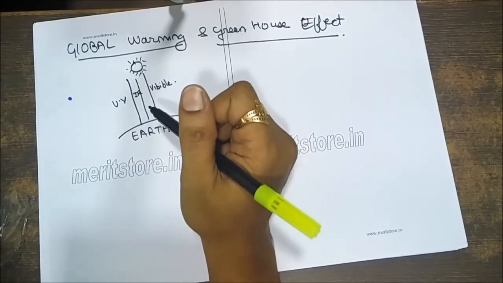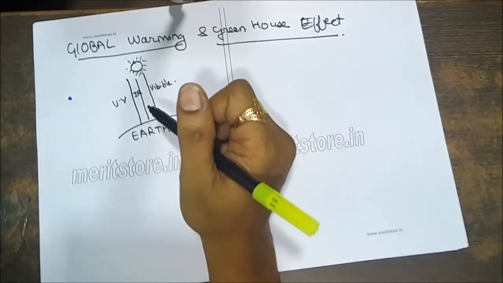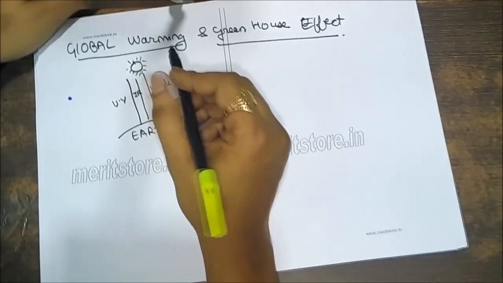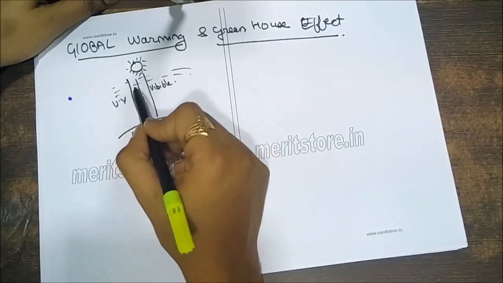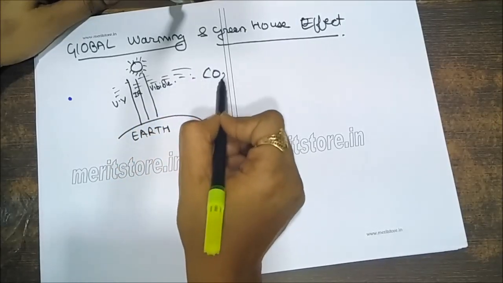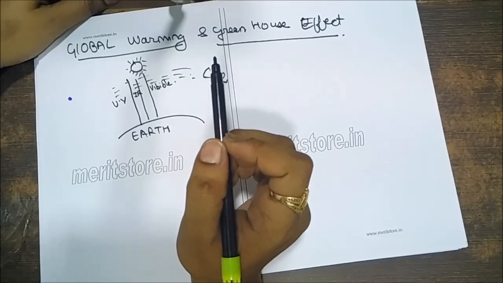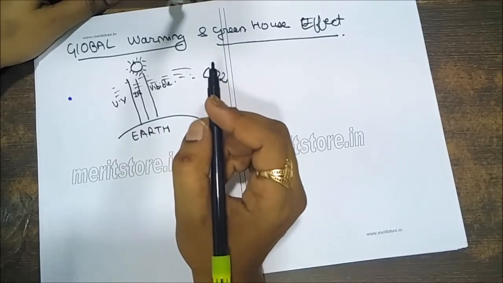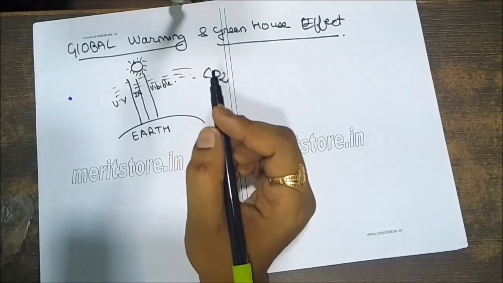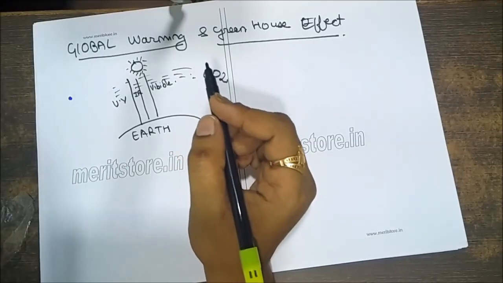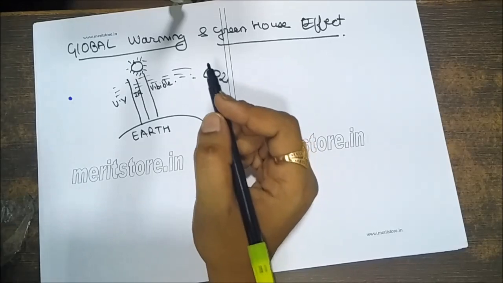Now at some distance from the earth is a thick layer of carbon dioxide. Okay. Which is let's say at a distance of about 15 kilometers from the lowest layer of atmosphere, which we said is the troposphere.